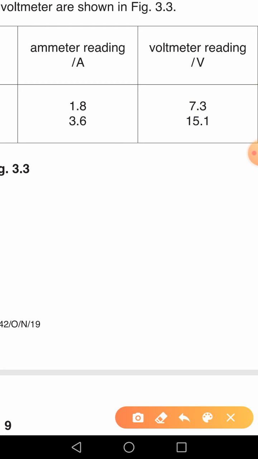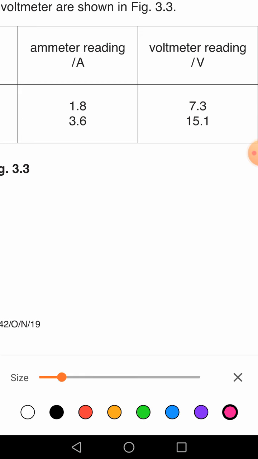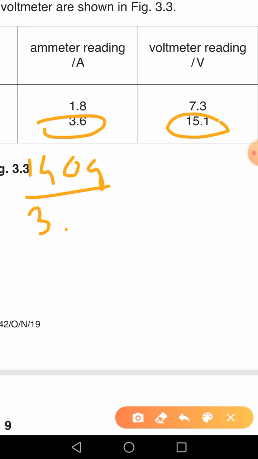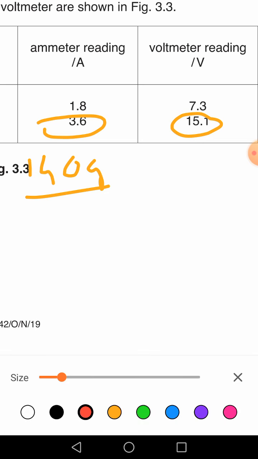Now for the next 140 grams, the current was 3.6 and the voltage reading was 15.1. So P equals VI, you already know it, and energy is equal to power into time.